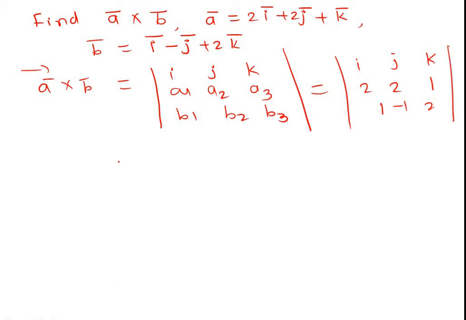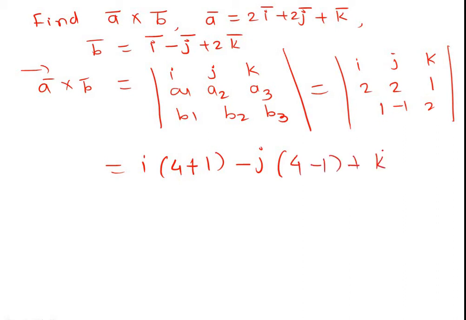So solving that determinant, we get, for i: 2 into 2, that is 4, minus 1 into 1, that is minus 1, so minus minus becomes plus, giving 5 i bar. Minus j: 2 into 2 is again 4, minus 1 into 1, that is minus 1, so 4 minus 1 is 3, giving minus 3 j bar.